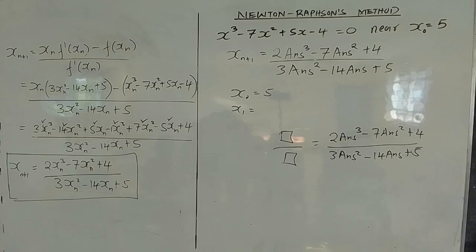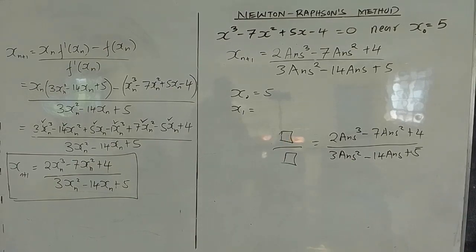What you do here, you first put the fraction, then in the numerator you feed 2 answer cube, move in front, minus 7 answer squared, then plus 4, then go to the denominator, then 3 answer squared minus 14 answer plus 5. Are you seeing?